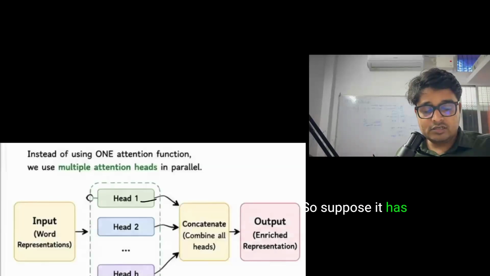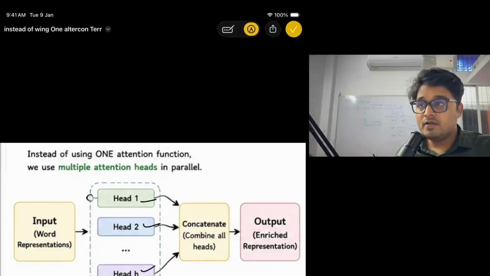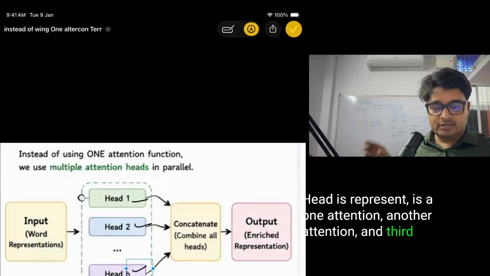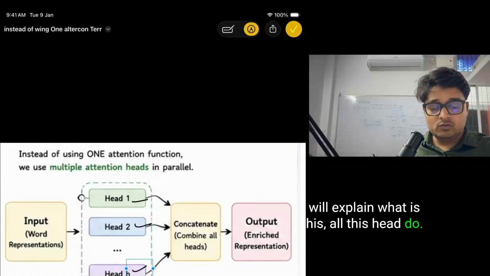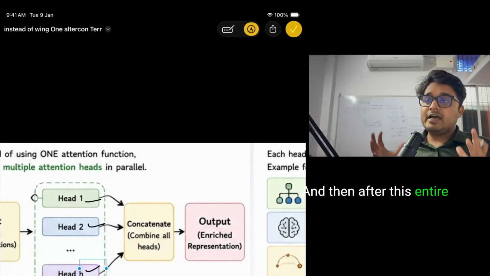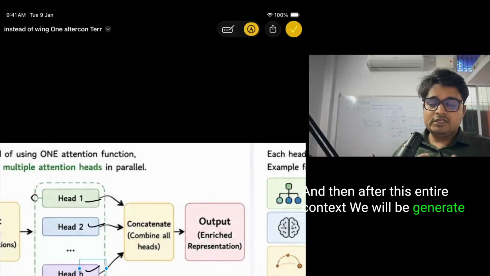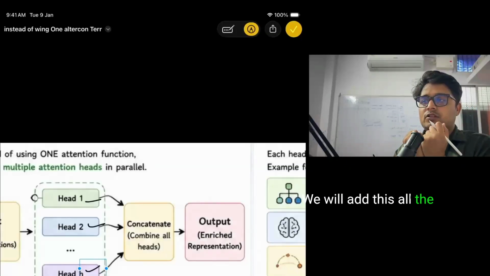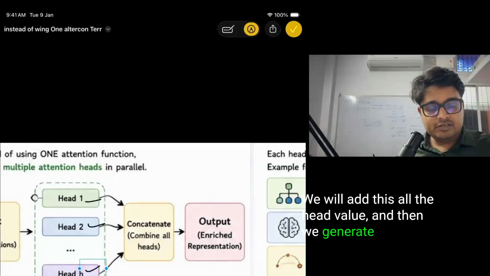Suppose it has multiple heads: one attention, another attention, and a third attention. I will explain what all these heads do. Then after this entire context, mathematically we will add all the head values and generate the output.